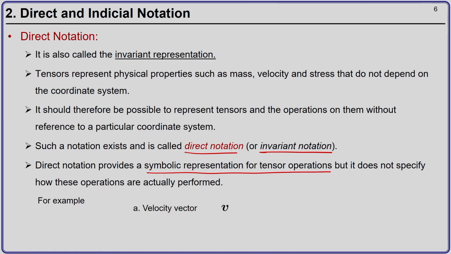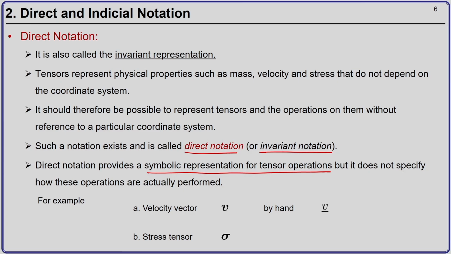For example, a velocity vector, when typed on a computer, is usually denoted by the symbol V, which is bold. However, when we write by hand, because we cannot write a bold letter, as I told earlier, we write the symbol V and then put a single bar. We will come to it later, why one bar.